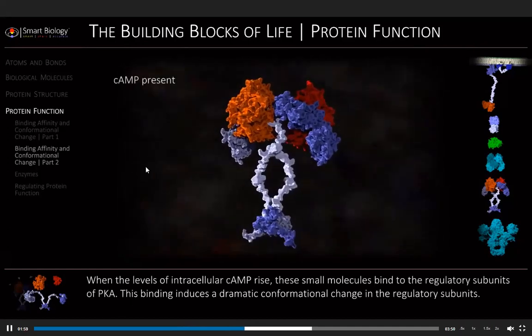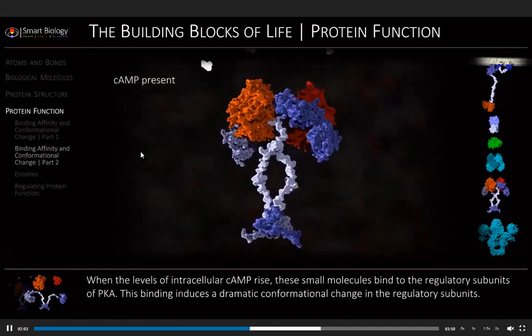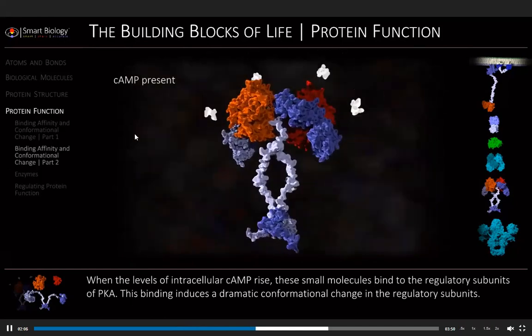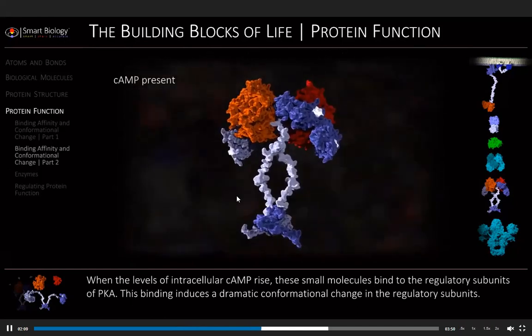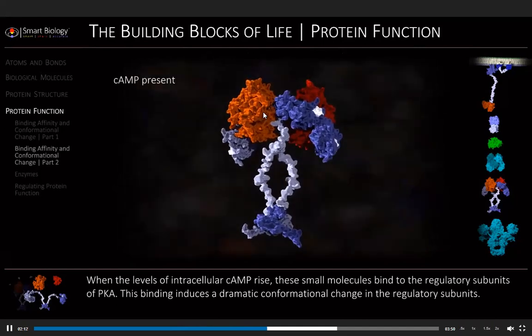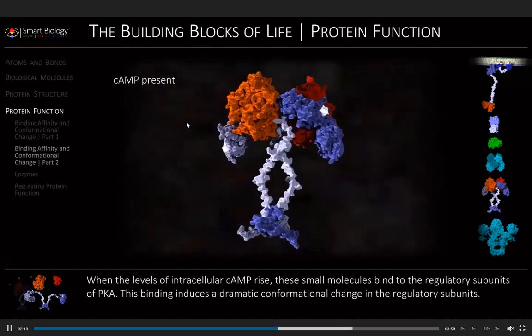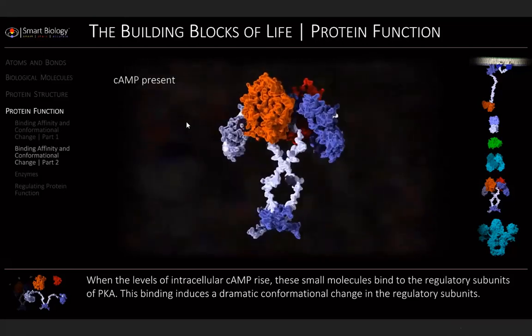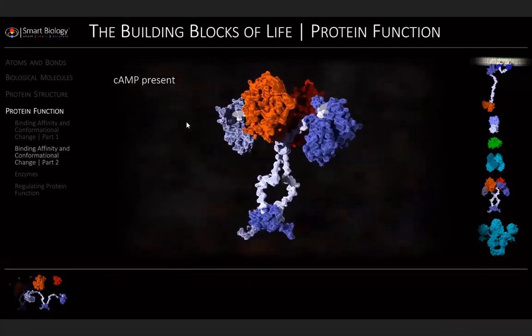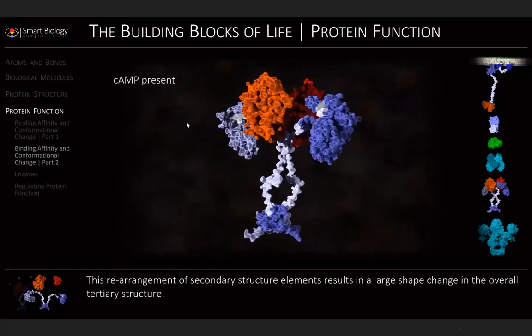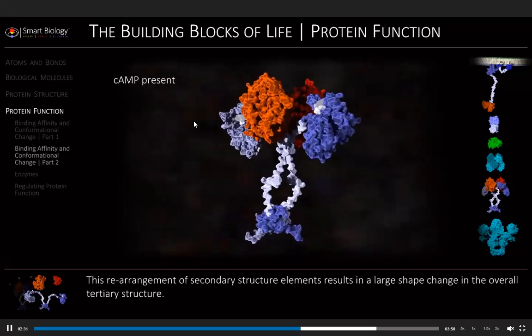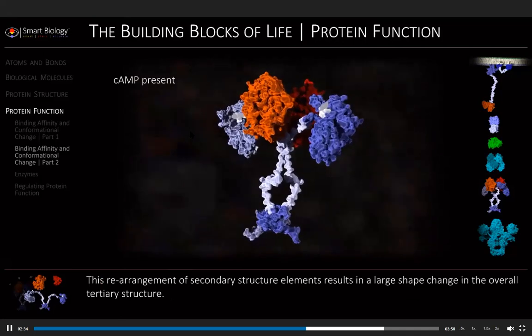And as the levels of cyclic AMP rise because of signaling that we saw earlier, now cyclic AMP has come. They bind to the regulatory subunits, and this results in a major conformational change. So you can see the conformational change now. That's pretty amazing. And as this rearrangement happens, it results in a change in the tertiary structure.